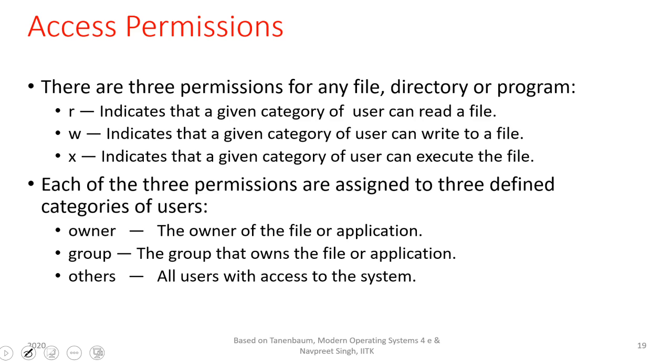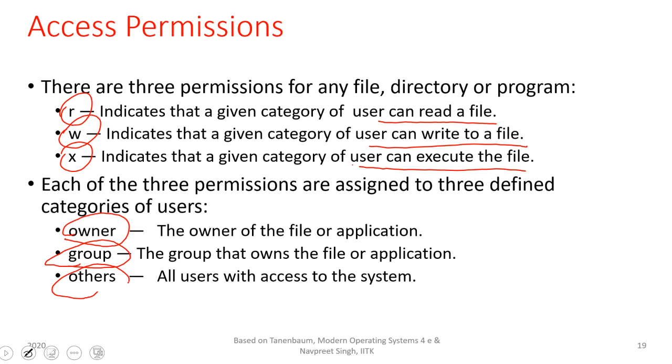So access permissions can be for read, which will allow reading a file or any resource. Write, and X to denote execution. And then for each file or resource, we can also specify who is the owner of the resource, or if it is owned by a group, or even if we want to allow access to others.